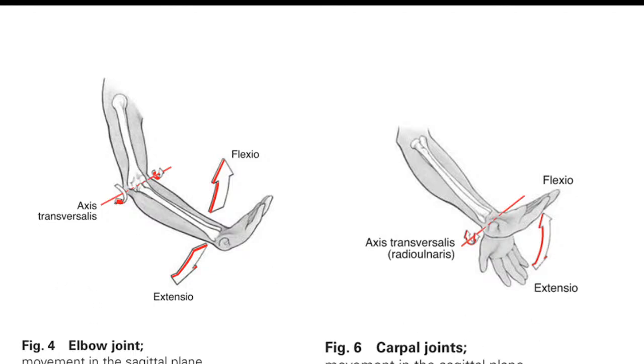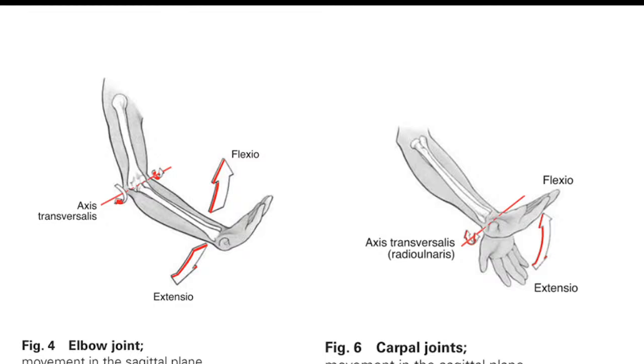Carpal joint, movement in the sagittal plane. This is axis transversalis, this is radio-ulnaris. This is flexion. Flexion, extension, flexion, extension. Next, hip joint.